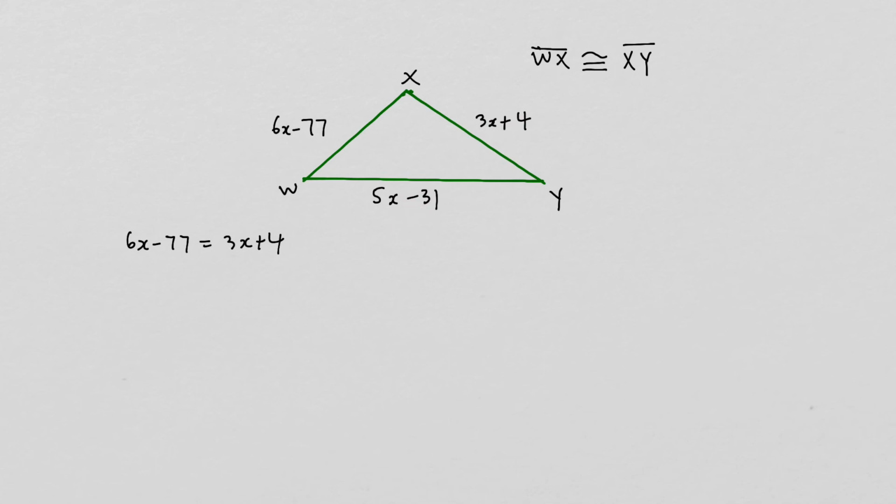In solving this algebra, we're going to move this 3x over to this side by subtracting 3x from both sides. Minus 3x, minus 3x, and now we get 3x minus 77 is equal to 4. Now we're going to move this negative 77 over to the other side by adding 77 to both sides, and we get 3x is equal to 81.